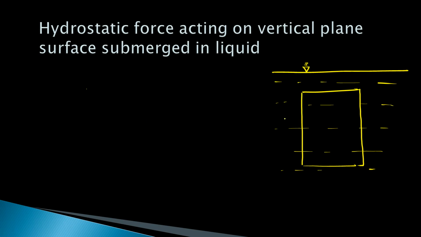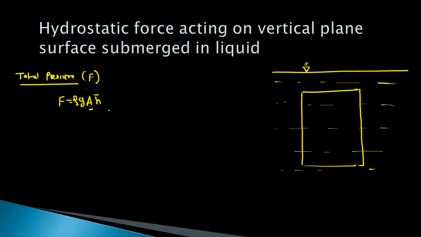Okay. So this total force is called the total pressure. So total pressure is nothing but the F value. And this force, its equation, F is equal to rho G A H bar, where A is the total area of that submerged surface.